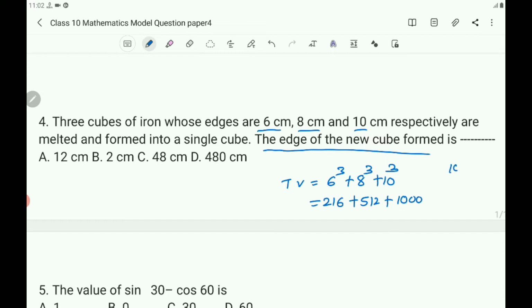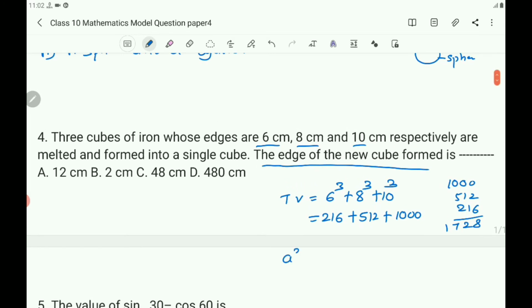And what is the sum of these three? 1000, 512, 216, that is 1728. So here you got the volume of the new cube: a cube equals 1728. Then a equals the cube root of 1728.